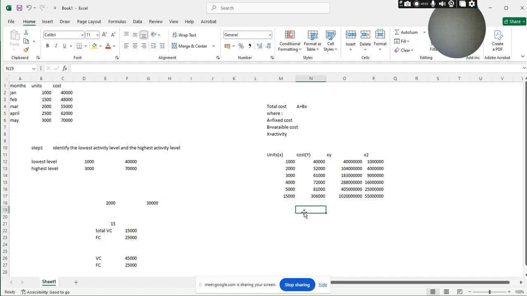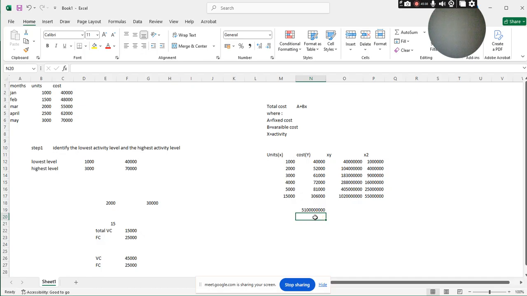So, you got the formula, right? It says n summation xy, right? So we can say equal to 5 multiplied by this, right? Enter. Okay, we have this.